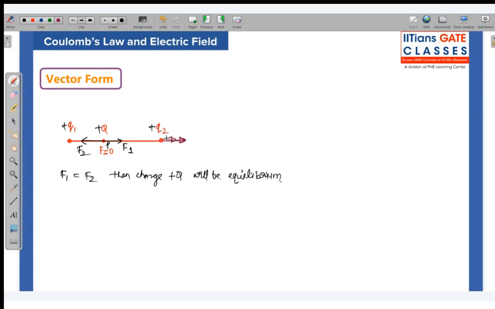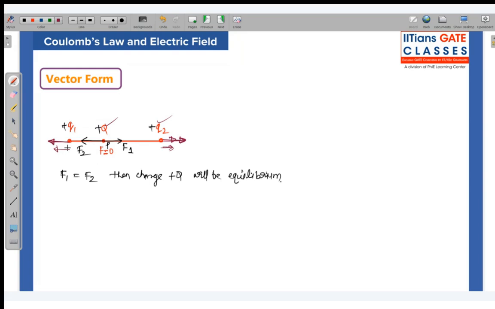And if both will repel, then the overall force on this charge Q2 will be towards right, and hence this charge will start moving. Similarly for the charge Q1, this charge Q1 will get force due to plus Q and plus Q2 towards left, because both are positive, so both will repel, and hence this charge Q1 will also start moving towards left.